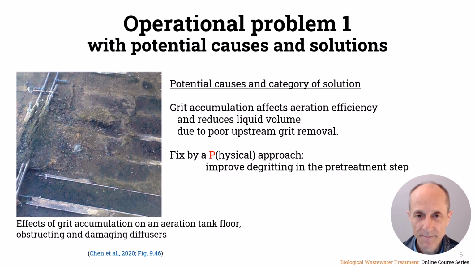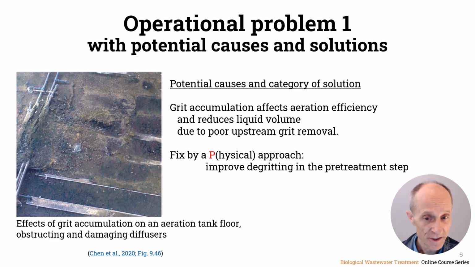Here is a first example of an operational problem to which potential causes and solutions are presented. This photograph shows the effects of grit accumulation on an aeration tank floor, which is obstructing and damaging diffusers. This picture, like others in this presentation, was taken from a chapter of the book of Chen et al. 2020, which is available as an open access document and which can be reached by clicking on the hypertext link.